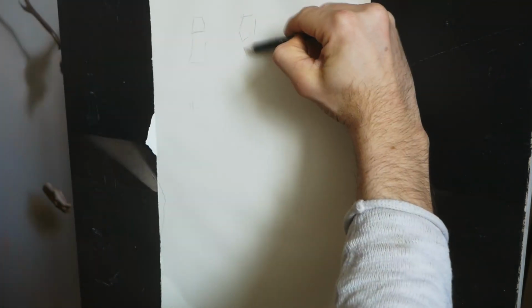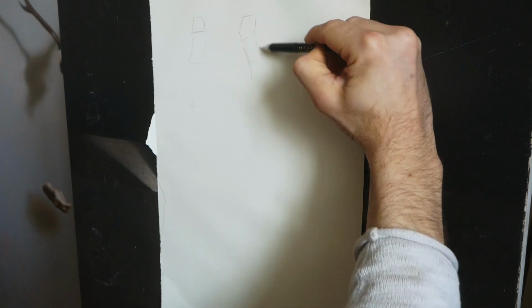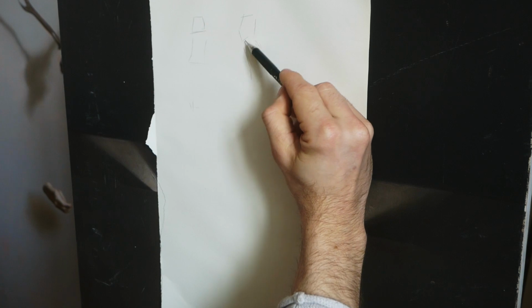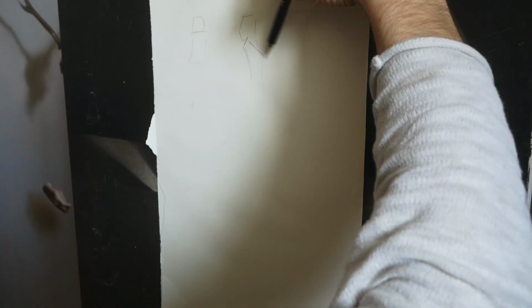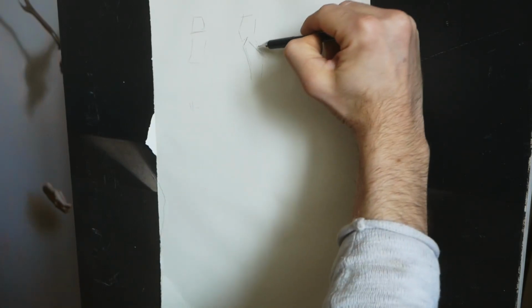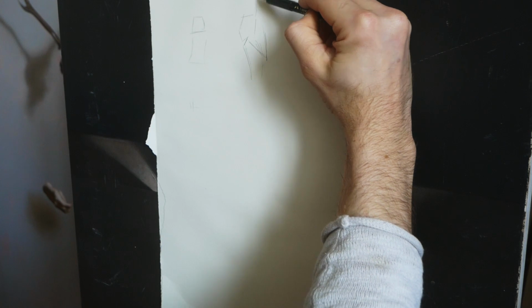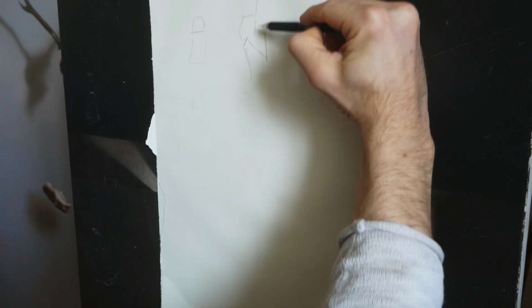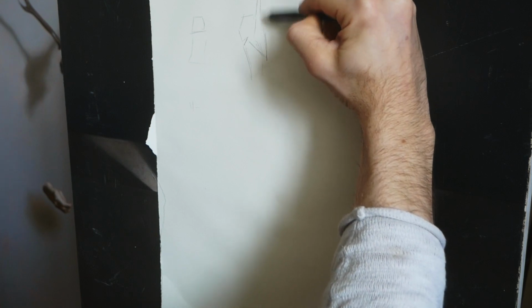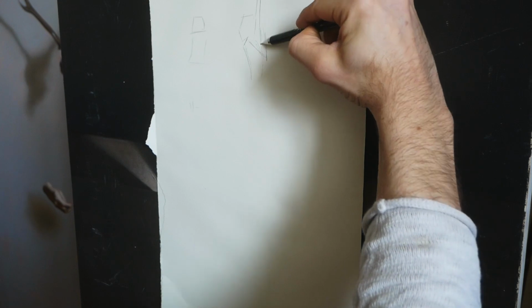So then we've got a curved back and shoulders, an arm that swings down, wraps up, and then another arm that's kind of up, resting on a wall, and they're somewhat hidden in shadow.